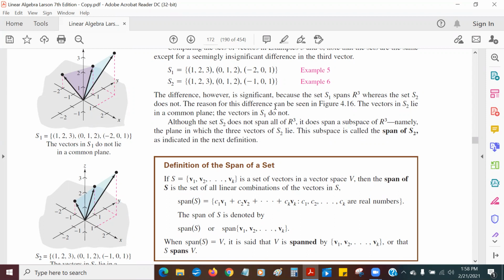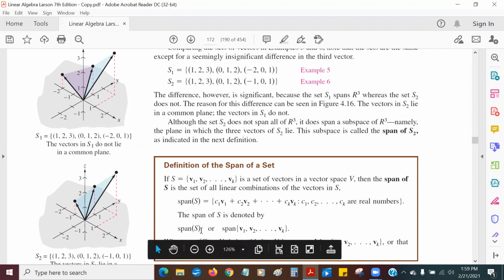If you expand that to exhaustion, you get some set of vectors, and that set is called the span of the original set S. So my original set S is a bunch of vectors, V1, V2, all the way up to VK, whatever K is, and the span of S is the set of all linear combinations of the vectors in S. So the span of S is all of the c1 v1 + c2 v2 + ... + ck vk, where c1 through ck are real numbers.